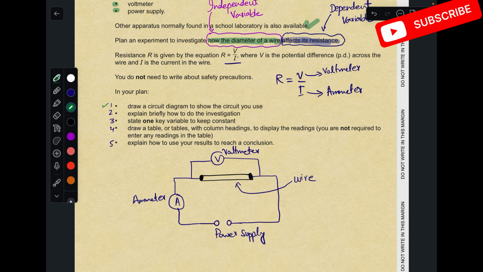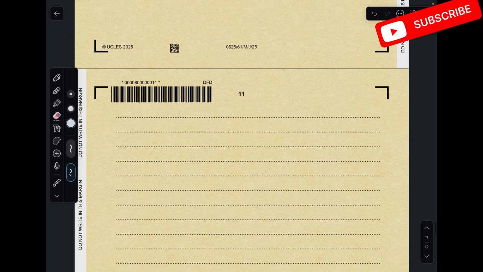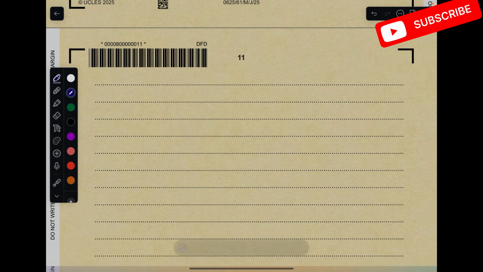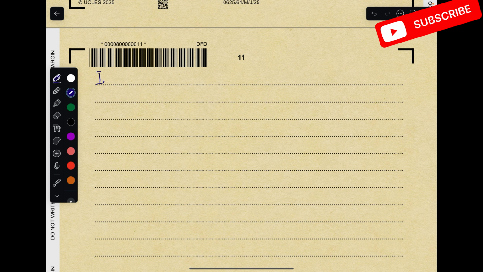Okay, now this is interesting. What you have to do, you can make the heading investigation. Okay, I'm making the heading properly. What we can do, first you have to measure the diameter because that was the independent variable.